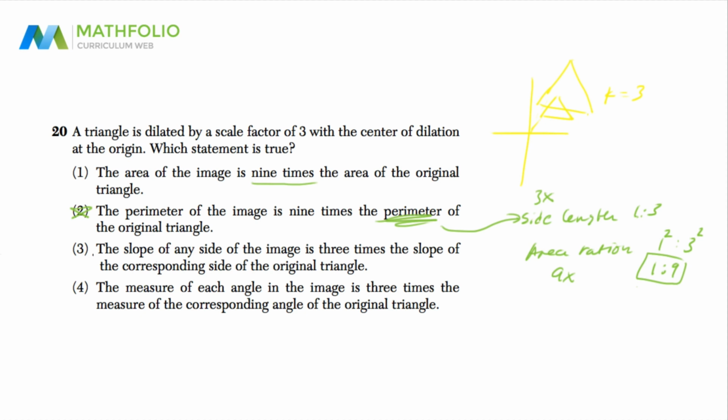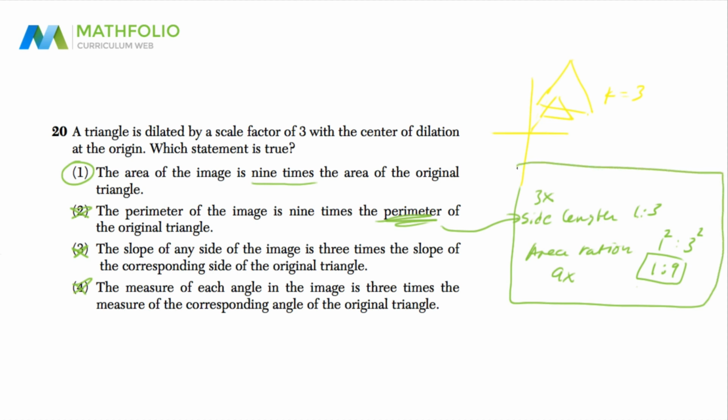The slopes are going to end up being the same, so it's not number 3 either. And then number 4, the measure of each angle in the image is 3 times the measure of the corresponding angle in the original triangle. Well, that's not true. Angles don't change with scale factor with dilation. Angles stay the same. So it's not this one. So we were right. Number 1 is the answer, and it's all to do with these ratios.